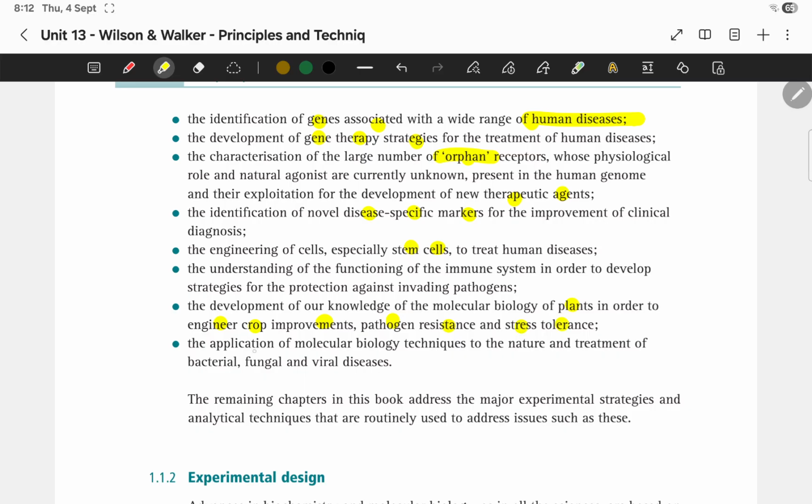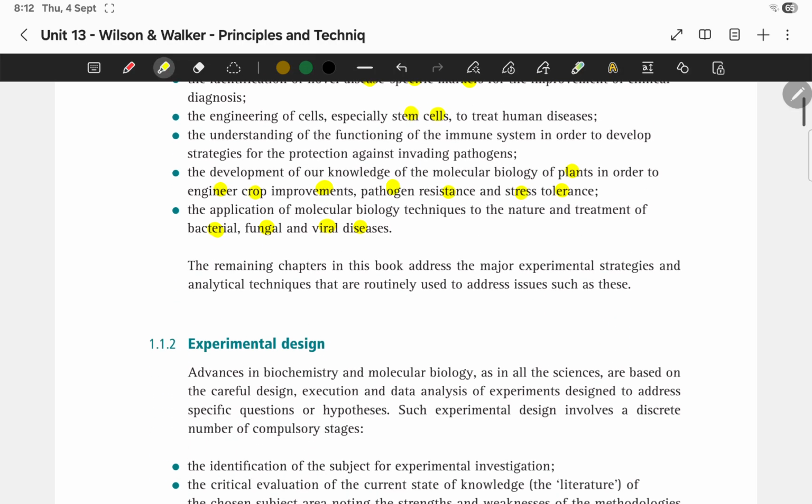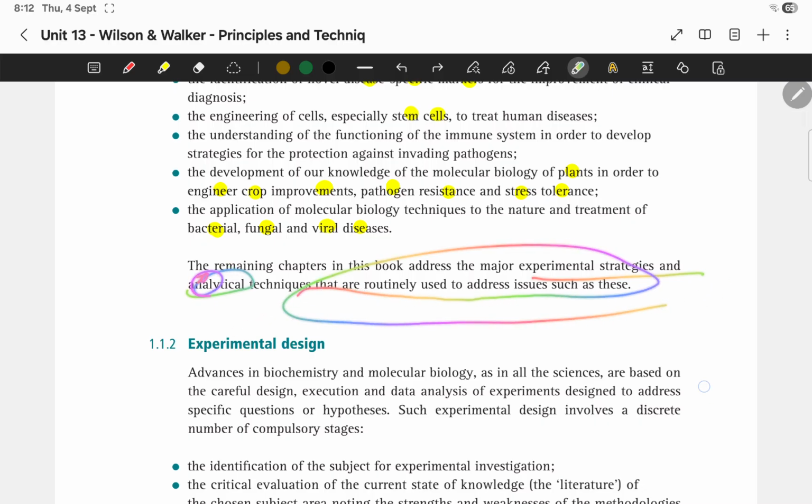The application of biomolecular techniques to the nature and treatment of bacterial, fungal and viral disease. The remaining chapters in this book will address the major experimental strategies and analytical techniques that are routinely used to address issues such as these.